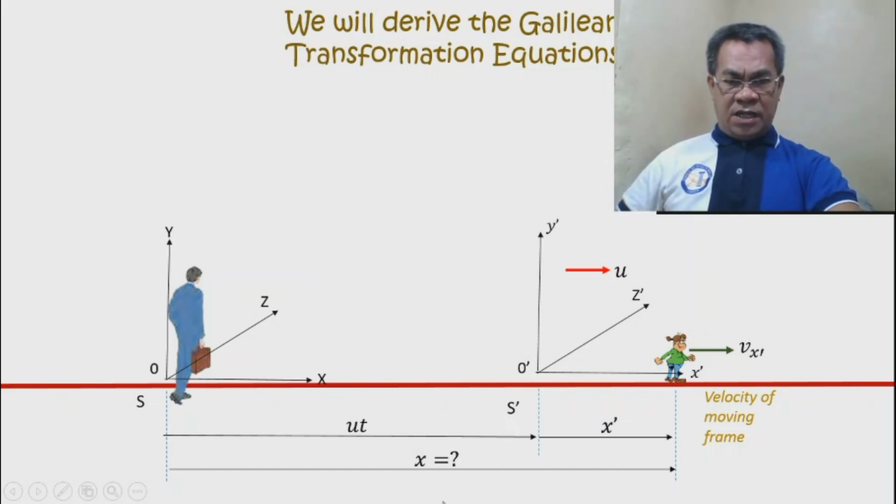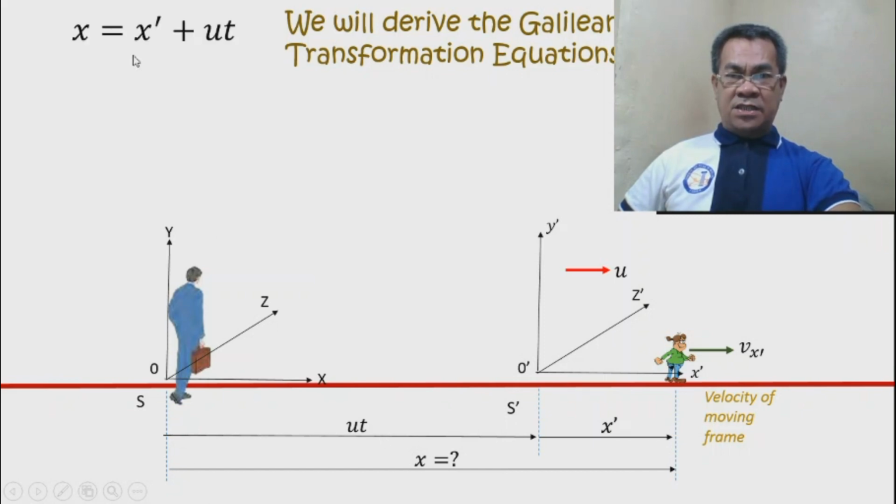So mathematically, the displacement x of the man with respect to S is simply x prime added to ut, where u is the velocity of the moving frame and ut is the distance of the moving frame from the rest frame.